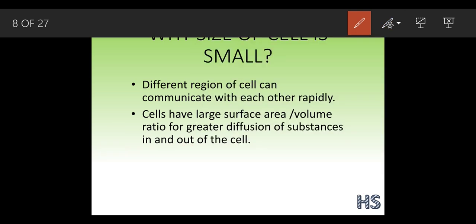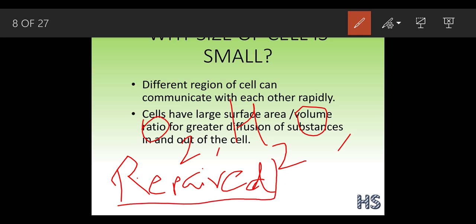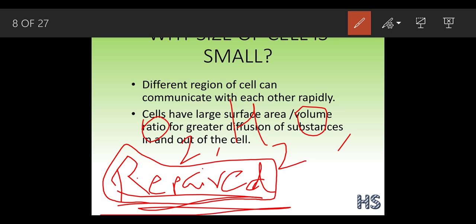This shows why we need a greater surface area, so that the nutrition the cell needs, like oxygen and water, can get in. Any damage to the cells can also be repaired easily. If a cell is damaged, we have to repair it, and if the surface area is more, the repairing can be done very easily.